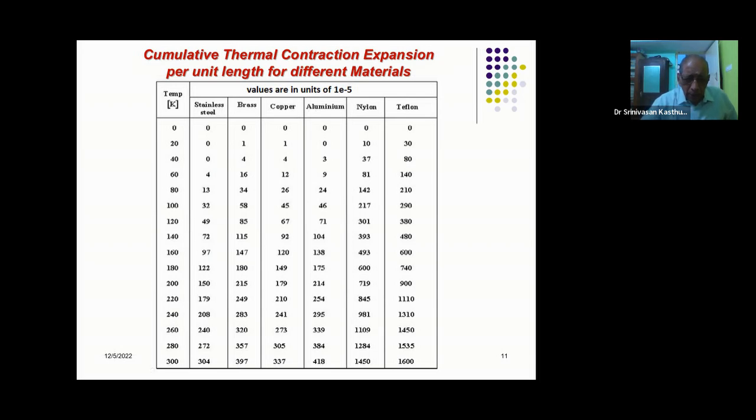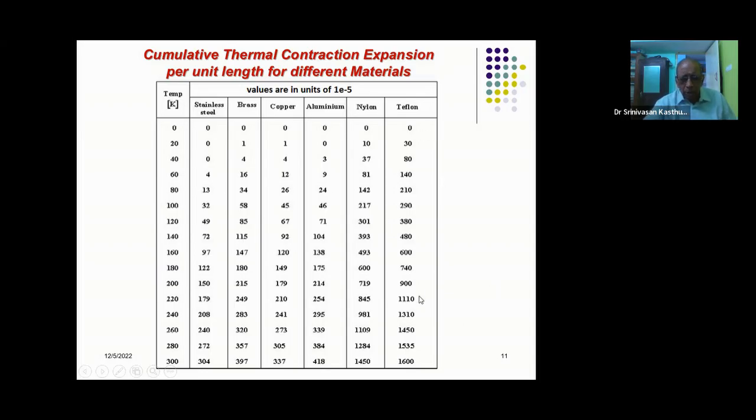Obviously, what you find is at around 300 K, the thermal contraction values for nylon and Teflon are fairly large. Whereas in the case of stainless steel, it's only 0.3%. The values are 10 to the power minus 5, so it's about 304, 397. Copper is some value which I am not able to see here in the table.